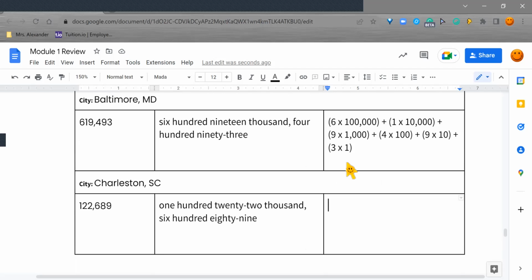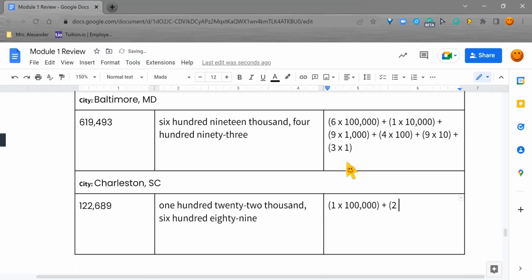So here we go. One last one. We have 1 times 100,000 plus 2 times 10,000 plus 2 times 1,000 plus 6 times 100 plus 8 times 10 plus 9 times 1.